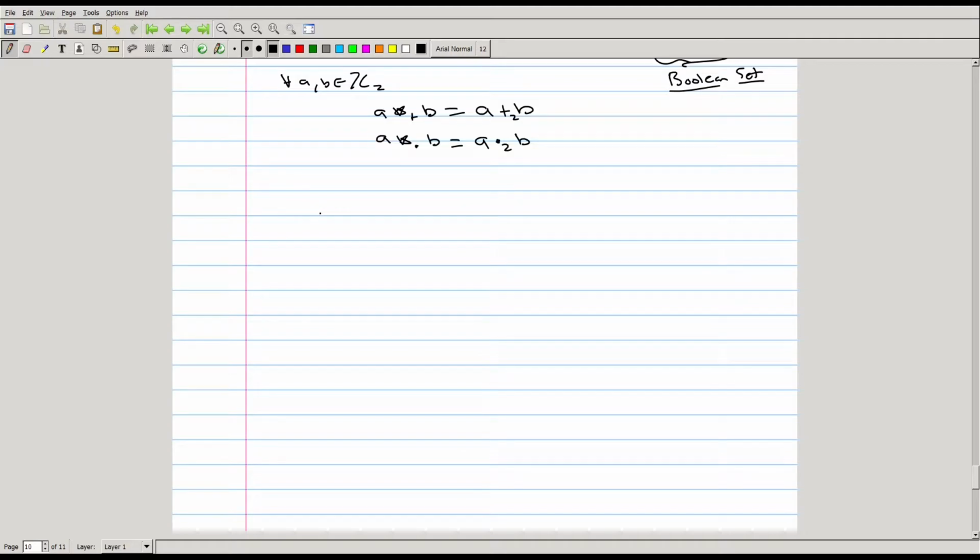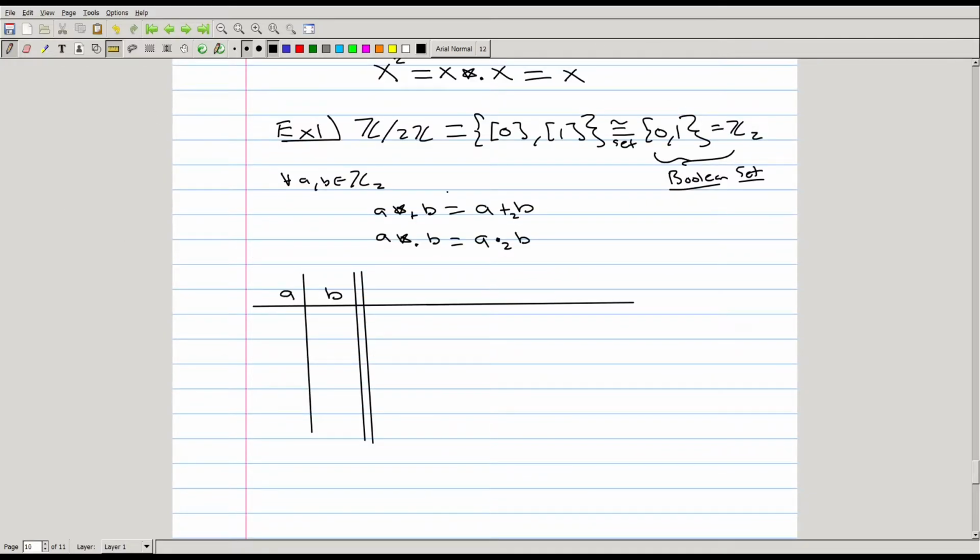This is a Boolean ring because for all of the elements in the set, A or B, these operations definitely satisfy the properties of a ring, which you should go through and verify.